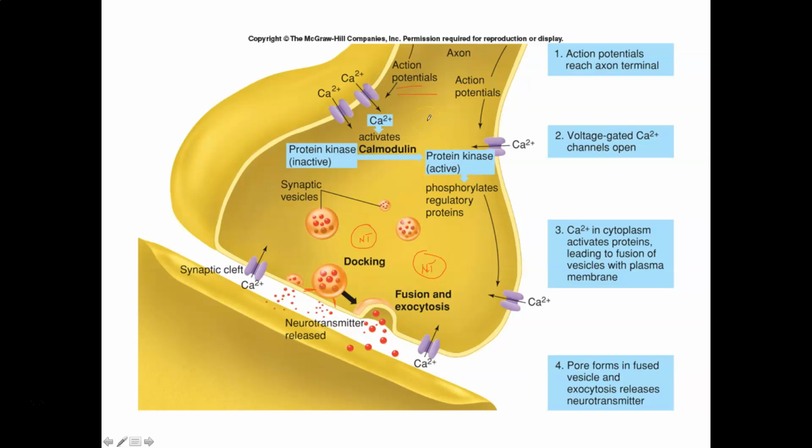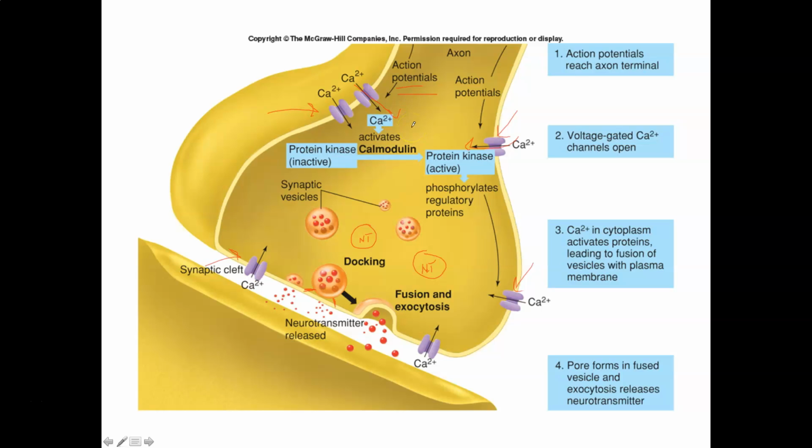Once the action potential signal reaches the axon terminal, we open calcium voltage gated channels. So lots of calcium voltage gated channels depicted in this diagram. When you open the calcium voltage gated channels, you're going to have an influx of calcium. So we can see the calcium entering into the axon terminal.